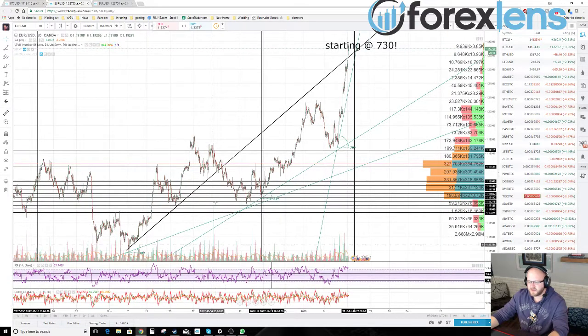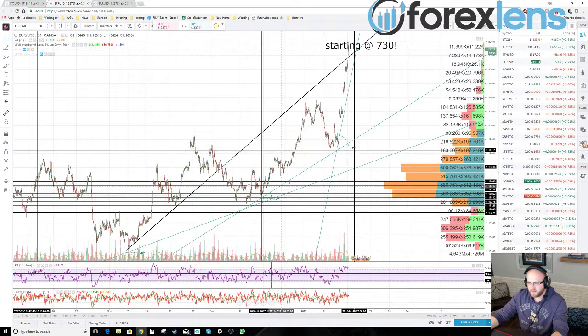So this is really a parabolic move. The easiest way is to see how it moves its trend lines increasingly up. So if it has more than one uptrend support level, then what we're saying is that move is parabolic.